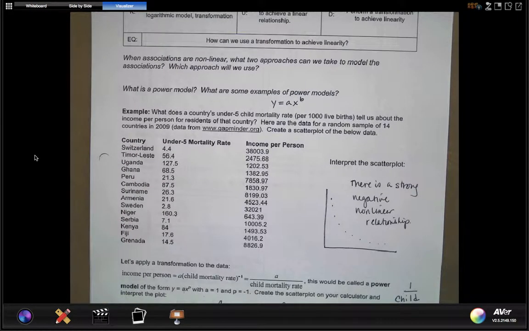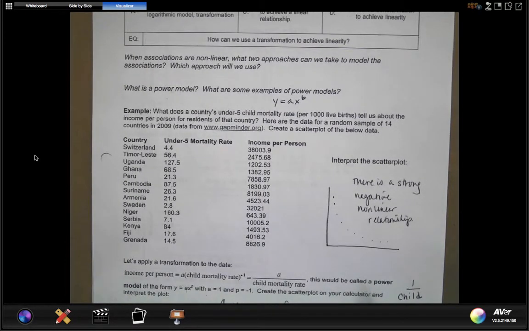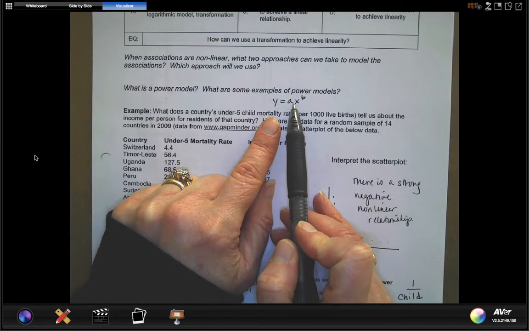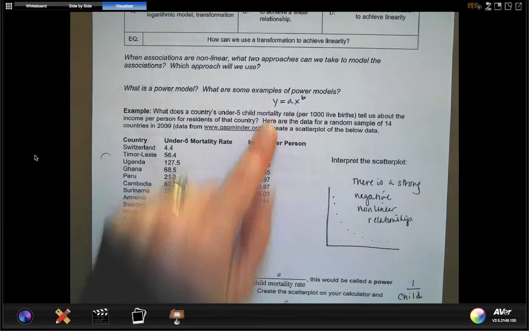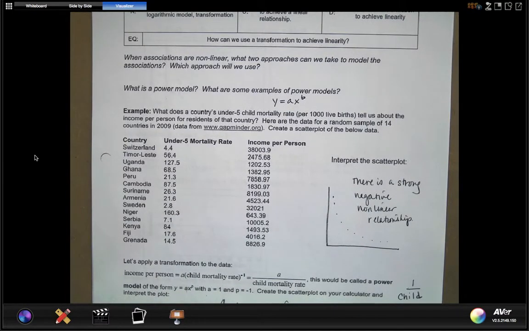All right, so a power model. A power model is one that looks like y equals a times x raised to the b. So again, I don't have that y equals a plus bx form. An example would be this one right here.